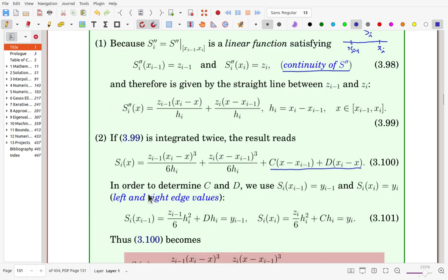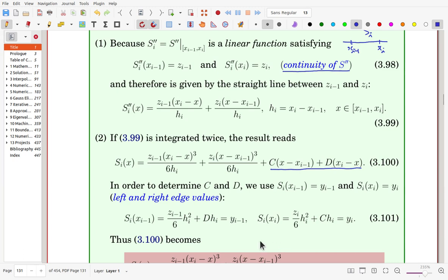We use x equals xi-1, and then this term and that term will be 0, and these two can be simplified in this way, and that is the same as yi-1. Similarly, when x is xi, then this will be 0, and that will be 0, and we can simplify this one to get this one, and it's the same as yi.